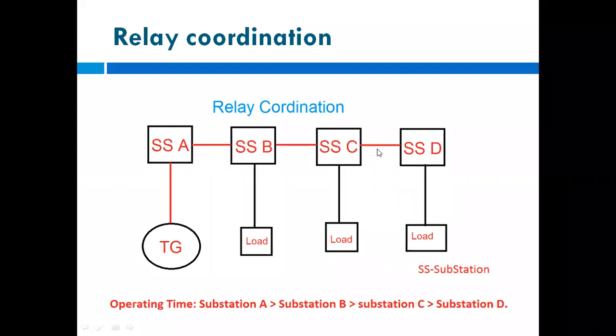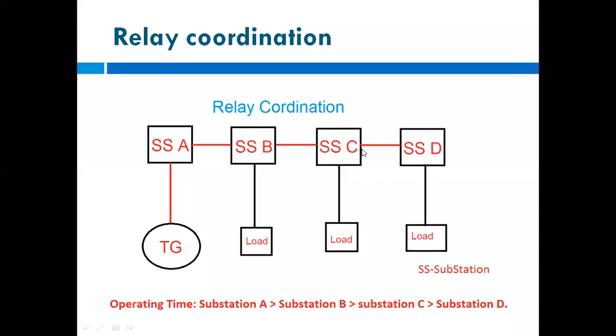So here, relay coordination means relays should operate sequentially. If the fault is occurring between substations C and D, which relay should operate first? The relay which lies between C and D should operate first, right?